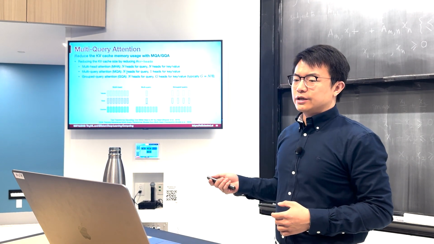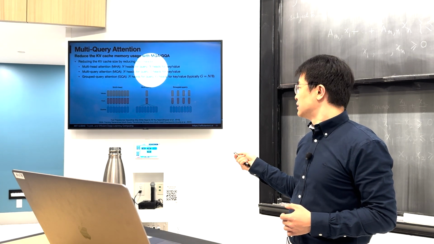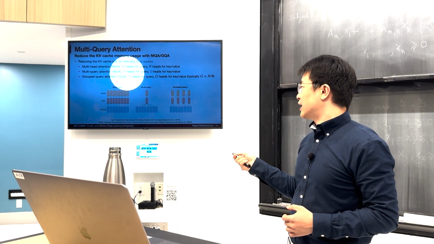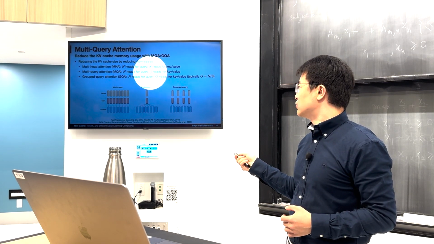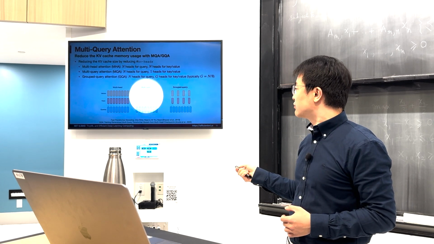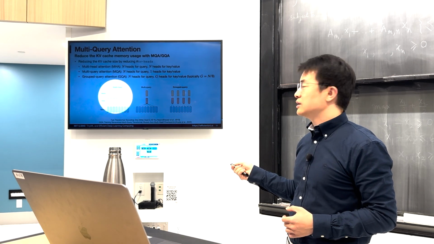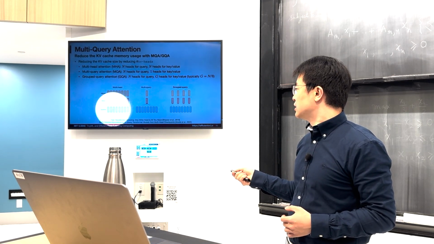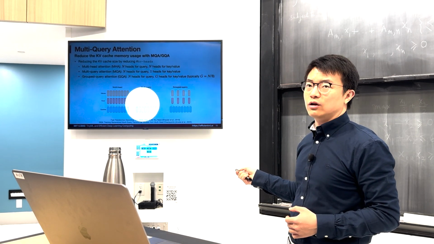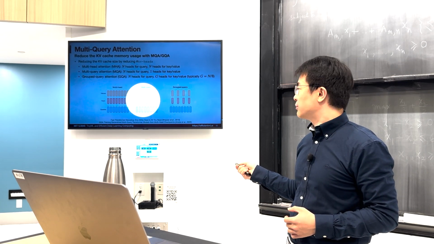What we can do here is simplify n heads into just one head. For query, we still have n heads, but for key and value, we just store one copy. Okay? We just store one copy of the key, one copy of the value, compared with the multi-head attention. So this is the multi-query attention. Query stays the same, you still have a lot of queries, but keys and values are shared. You have just one copy of the key and value.